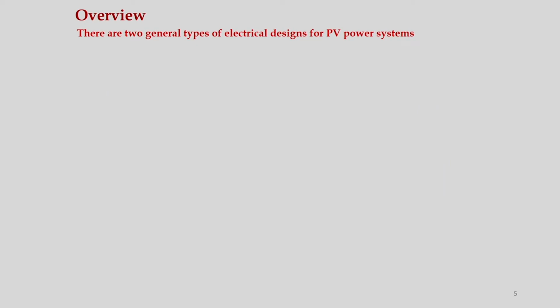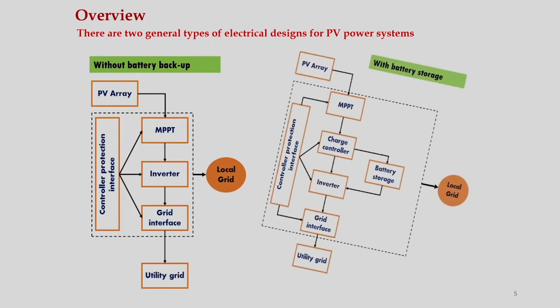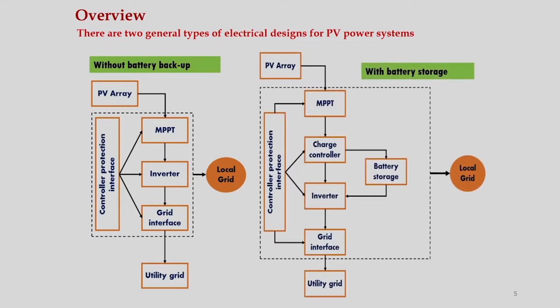There are two general types of electrical designs for PV power stations. The first design is without battery backup and the second design is with battery backup. The components are already known to us now. We need PV arrays, then we need MPPT because we need to operate at the maximum power point, by using an electrical or mechanical system, and then we need an inverter to convert direct current to alternating current and then a grid interface.